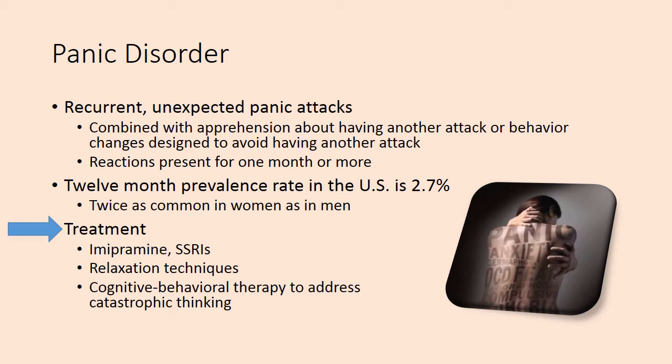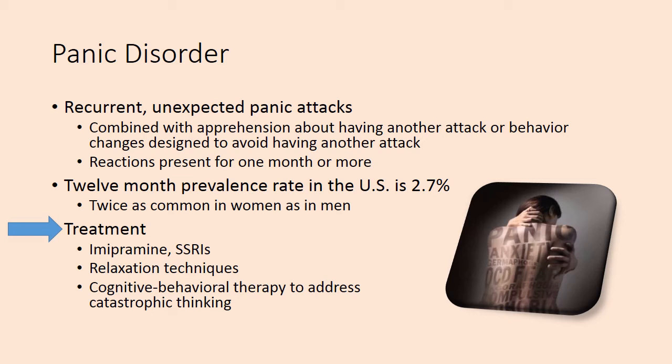Clients are taught relaxation techniques and breathing exercises, which give a sense of control and help clients to ride out the wave, if you will, and learn that the attack will pass and that they won't die. These relaxation techniques help to calm the HPA circuit and stop the fight or flight response.